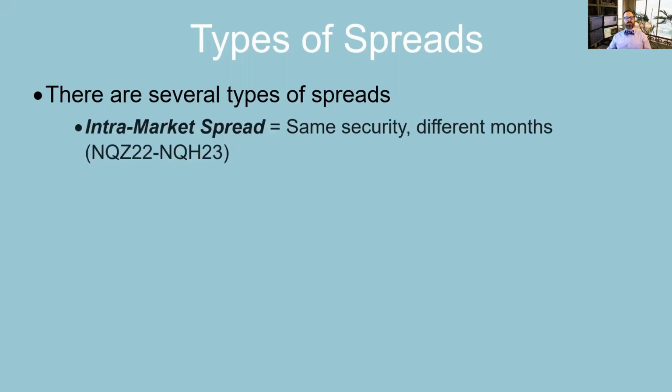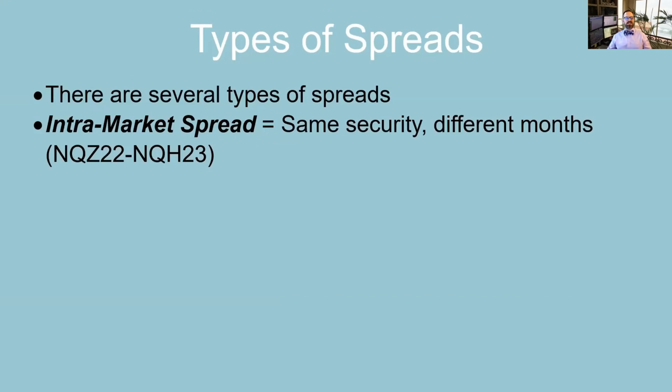The main type of spread that I just showed is an intra-market spread. When we're looking at intra-market spreads, you're using the exact same security, but using different months. So we could do, for instance, the NASDAQ December contract of this year, 2022, versus the March contract of 2023.